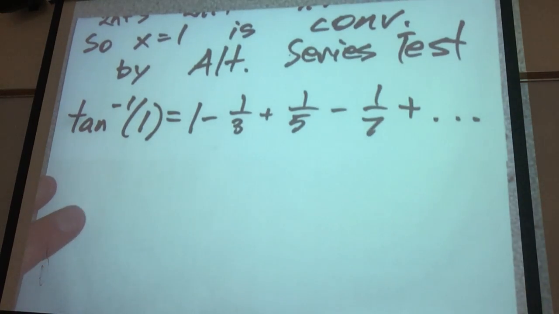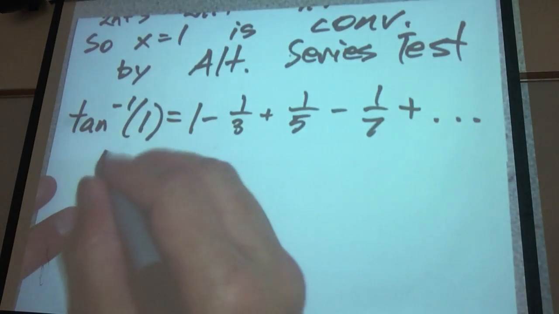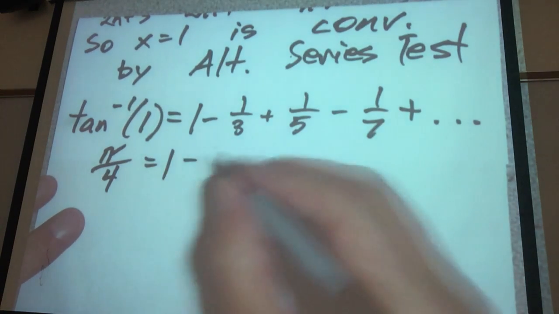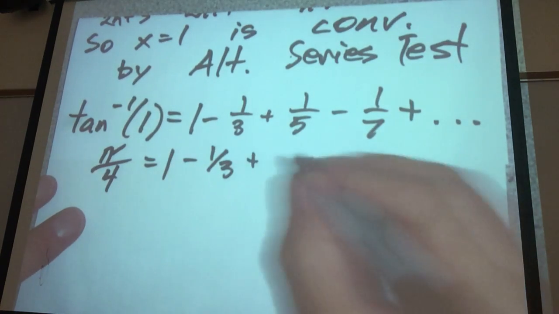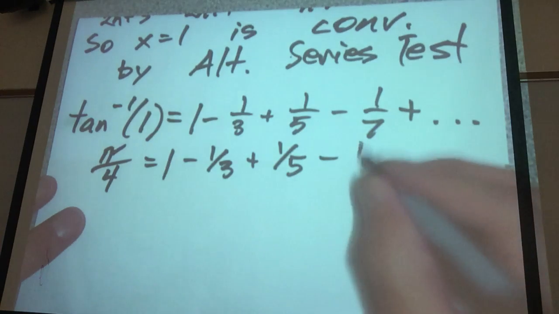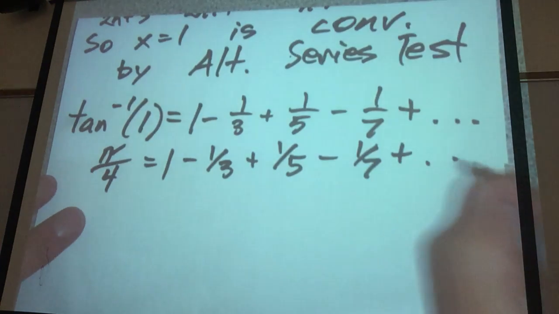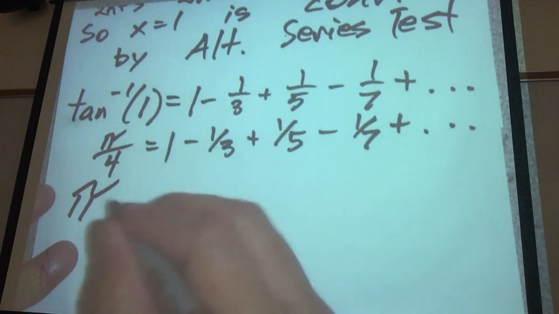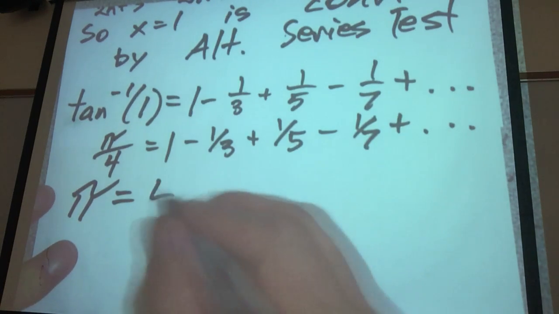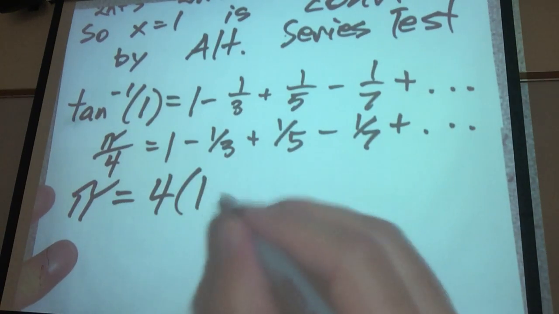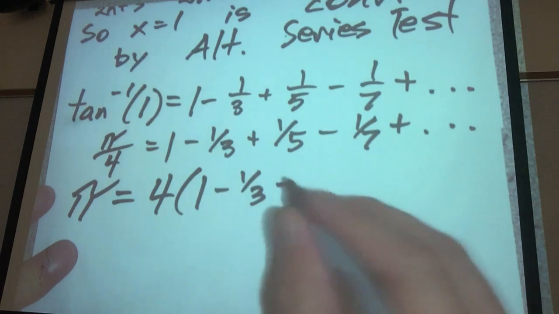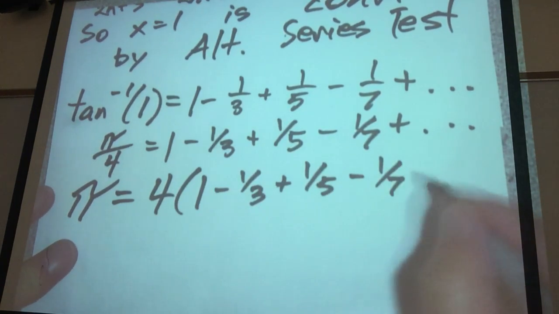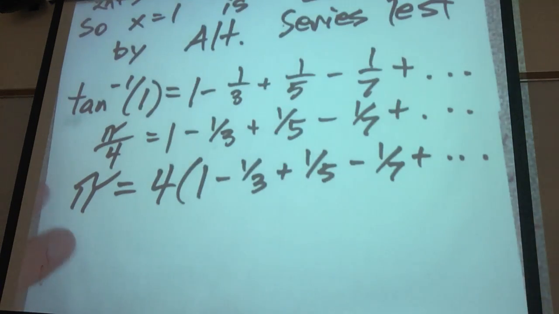And tangent inverse of 1 is pi over 4, which equals 1 minus 1/3 plus 1 divided by 5 minus 1 divided by 7 plus dot, dot, dot. And so pi itself actually equals 4 multiplied by 1 minus 1/3 plus 1 divided by 5 minus 1 divided by 7 plus dot, dot, dot.